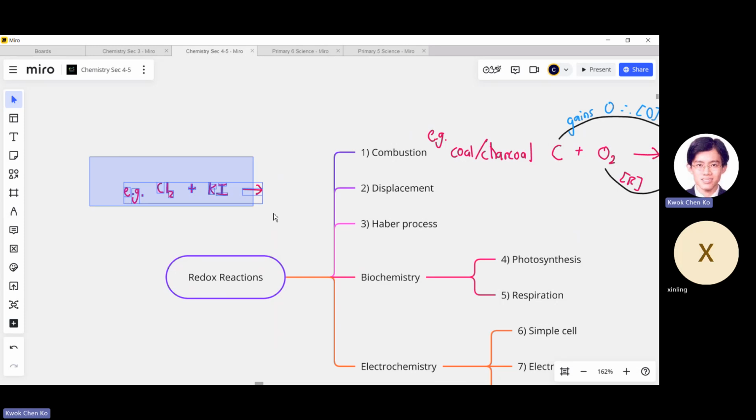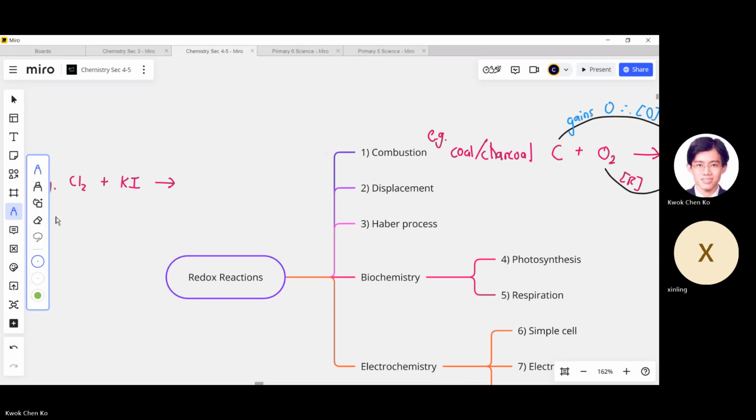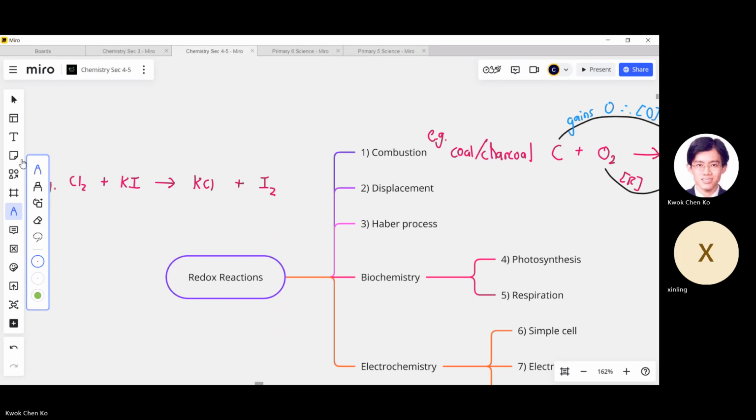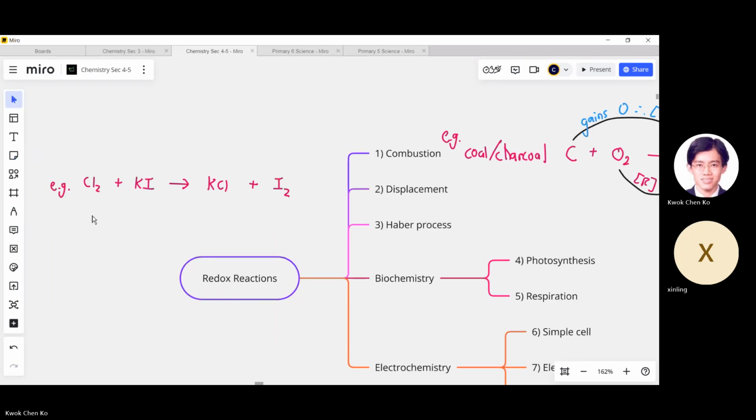okay, this was covered in the other chapter. Sarah, have you come across displacement? Displacement, yes. So what will I get here? I will get KCl and I2. So this is what we call a displacement reaction.